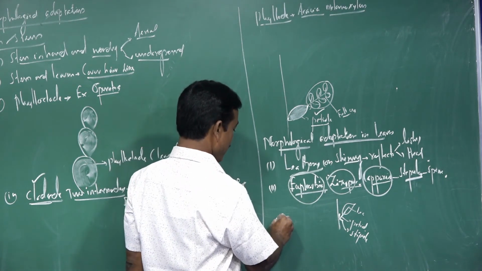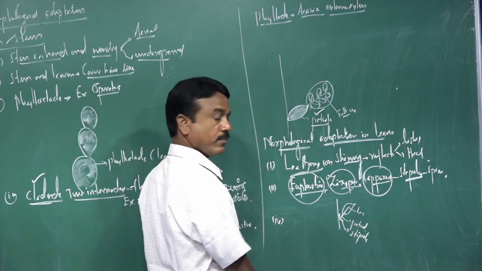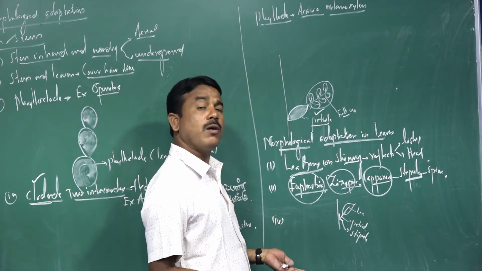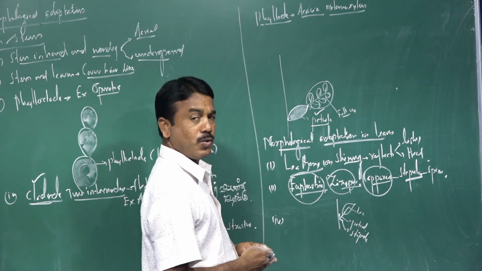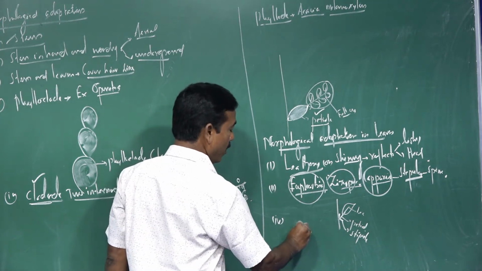The last one, whole leaves are modified into spines. You know which species? I am already indicating, Opuntia.